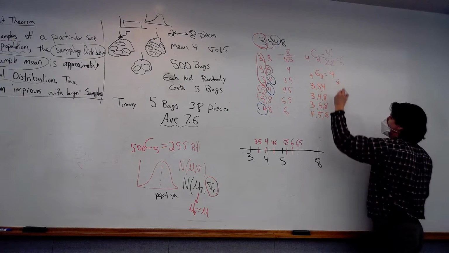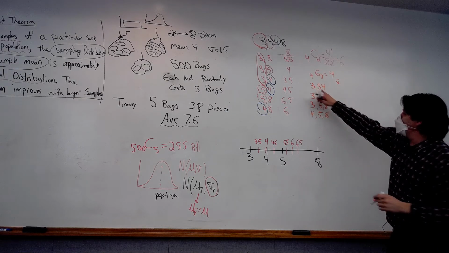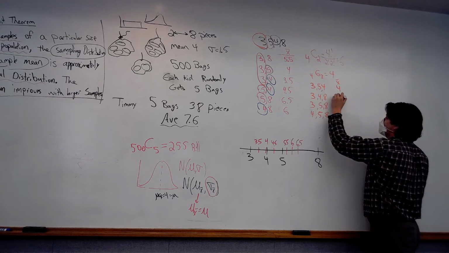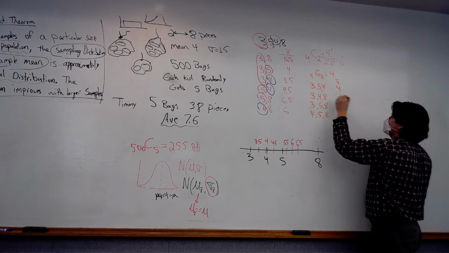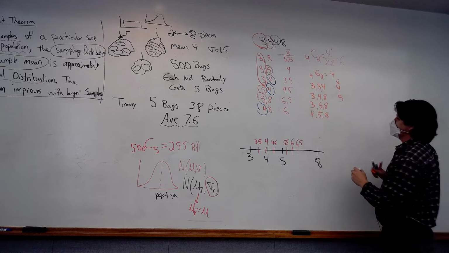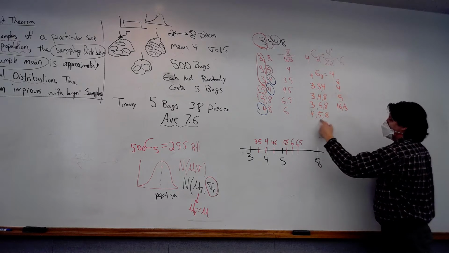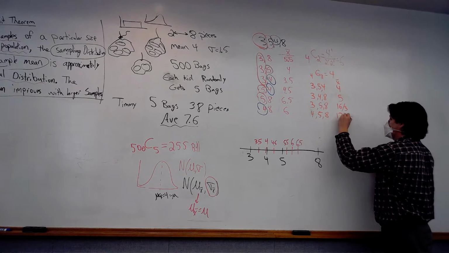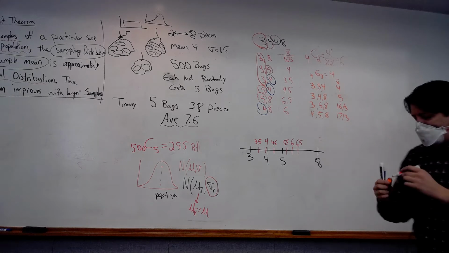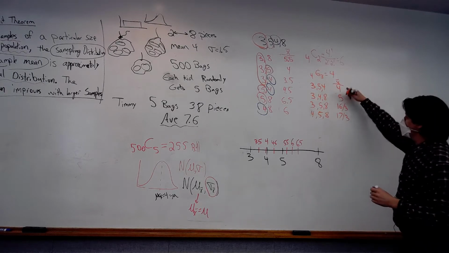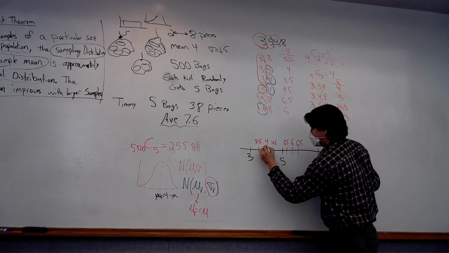The sample means in that case would be what? This is 8, 12, so that's 4. This is 7, 15, so 15 divided by 3, that's 5. This is 16 thirds, and this is what, 17 thirds? Okay, so what does that mean? Let's plot these, just for sake of argument, on this same number line.